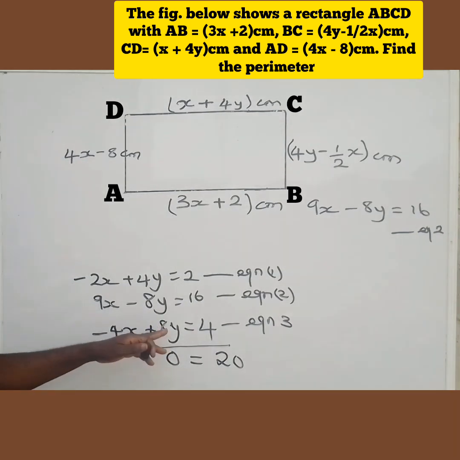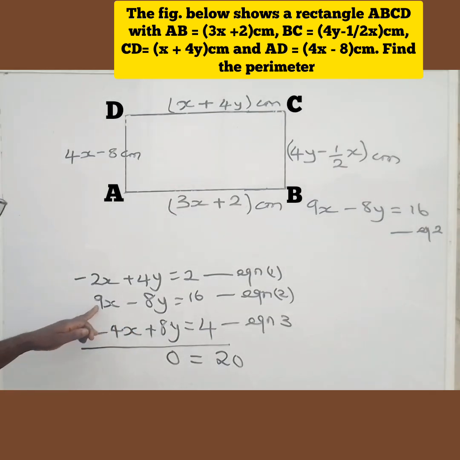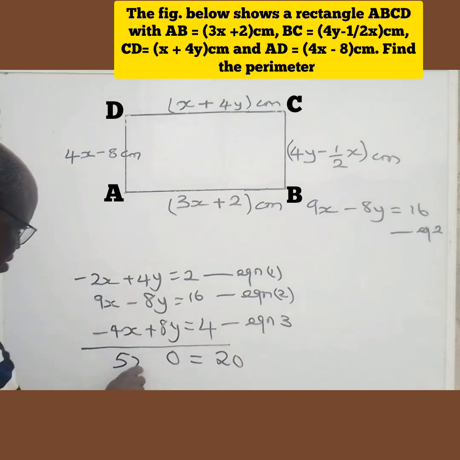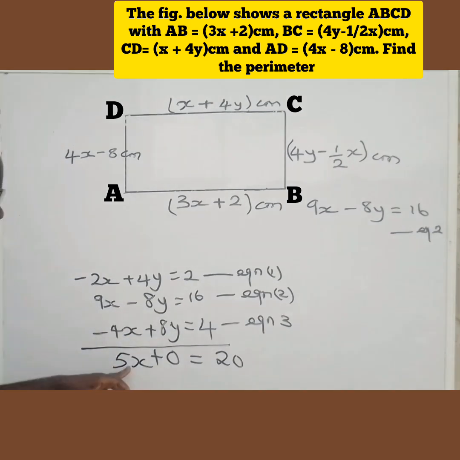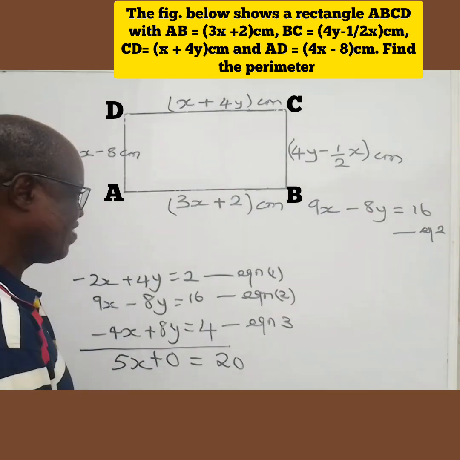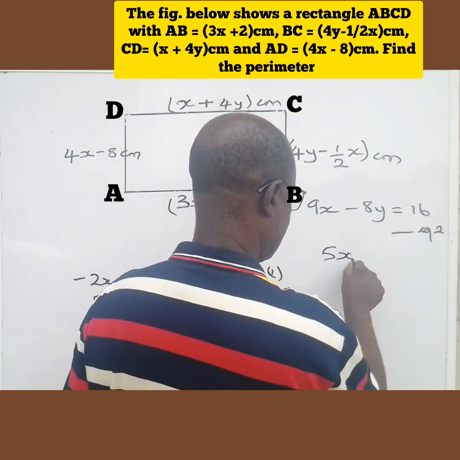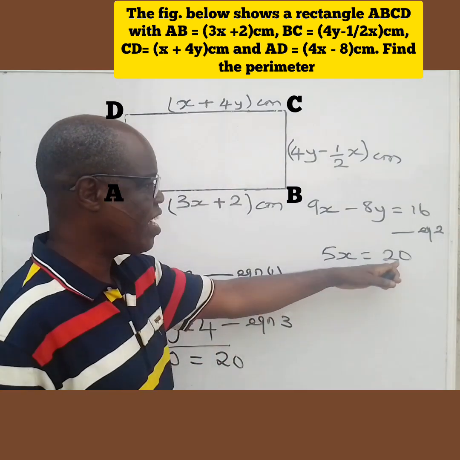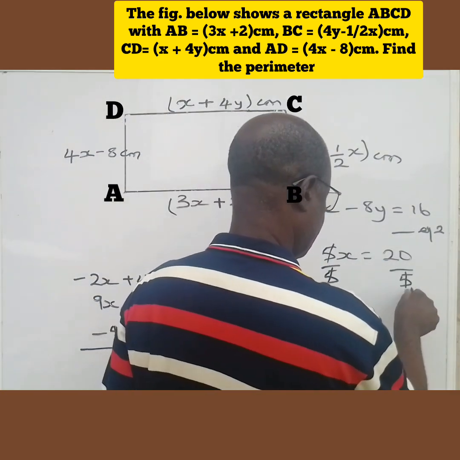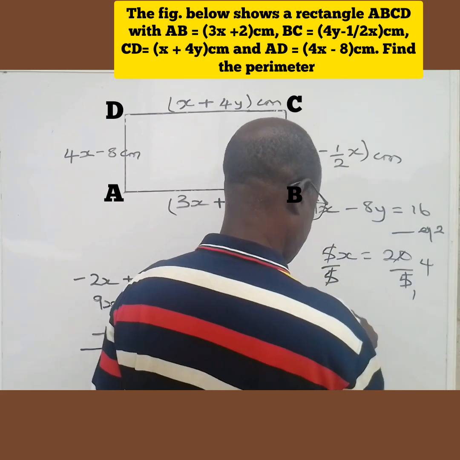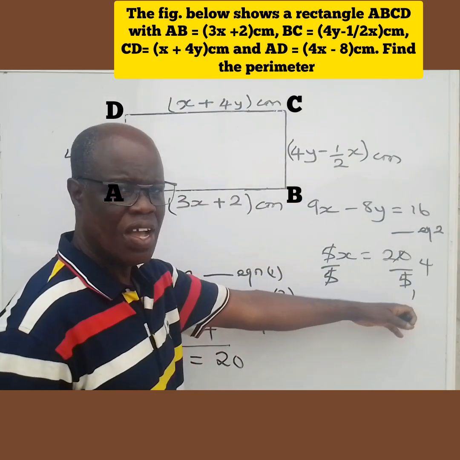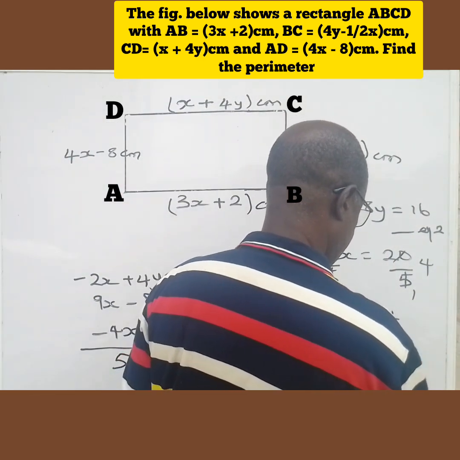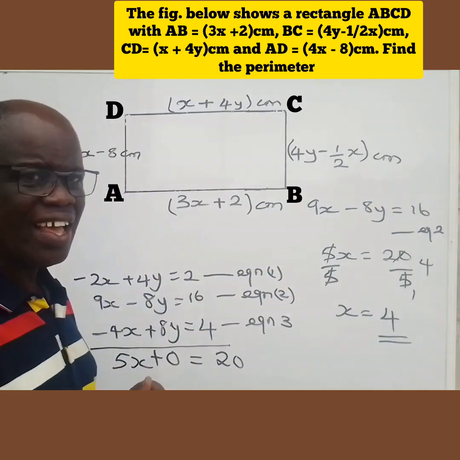Minus 8 plus 8 is 0. 9x plus minus 4x, that's 5x. So 5x is equal to 20. To get your x, divide both sides by 5. 20 divided by 5 is 4. So I've gotten x to be 4.